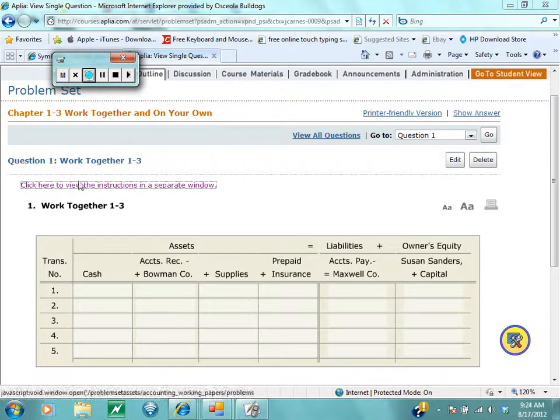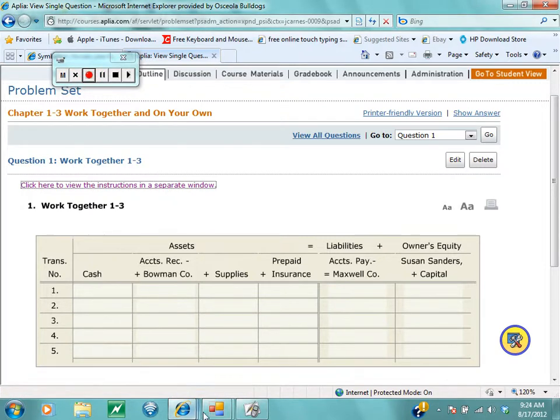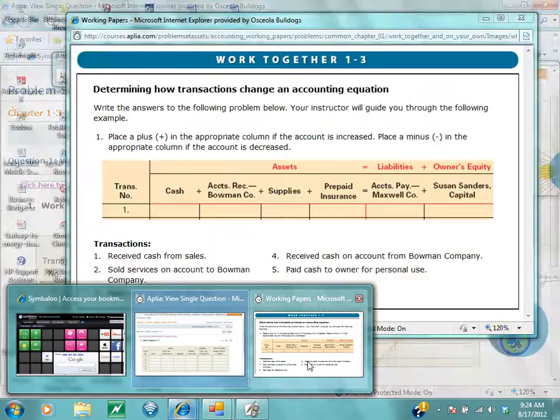Okay, we're on Work Together 1-3. And now we're just handling the equations as if they're a transaction: what accounts are affected, and we go from there. I am not popping up the instruction window. Well, maybe I will real quick, just so we can glance at it.